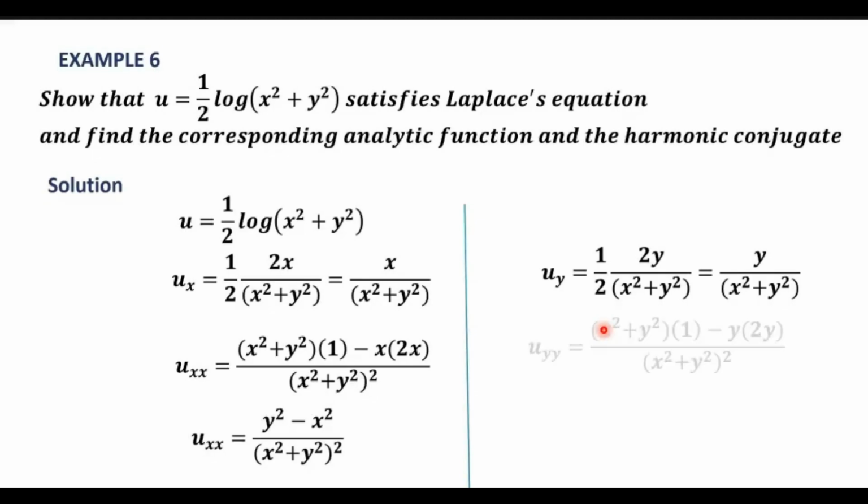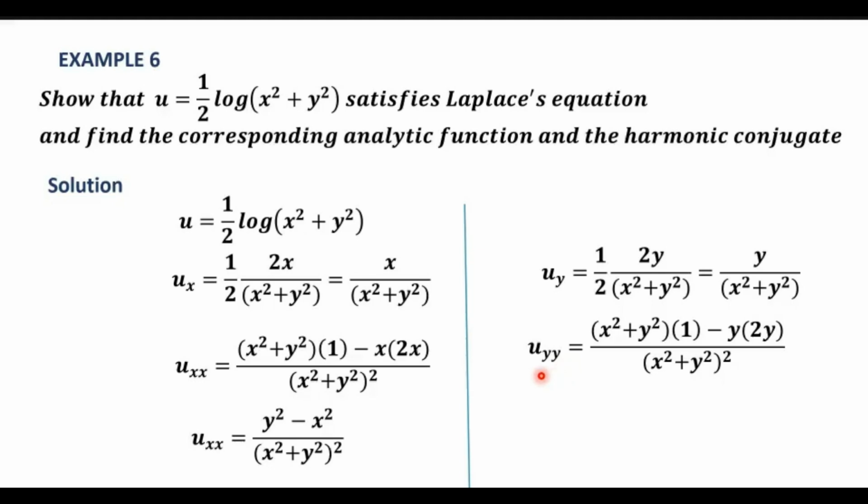Similarly, calculating uyy, differentiating uy partially with respect to y. What is the meaning of uy? Uy means the partial derivative of u with respect to y, dou u by dou y. Uyy is the second partial derivative of u, dou square u by dou y square.